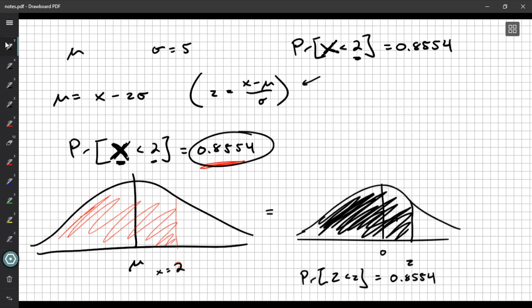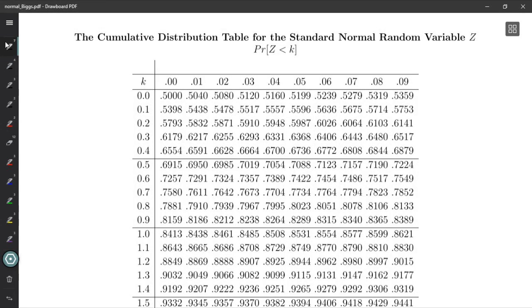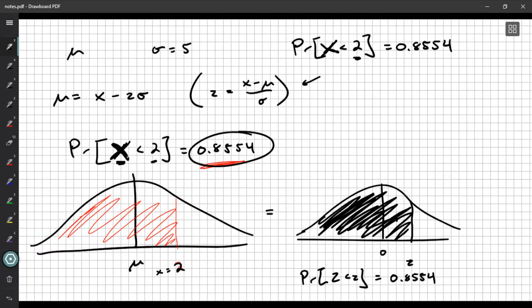Okay? So we can just look that up in our chart. So 0.7s, 0.9s, go back a bit, 0.84s, 8.5s, there it is, 0.8554 is associated to a z-score of 1.06. So we've got our z-score now.